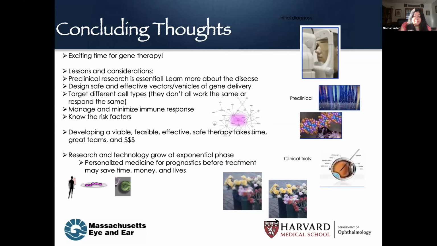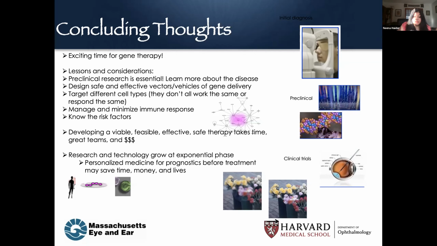That takes the bulk of the time for gene therapies to reach the clinic. It is the preclinical work that lays the foundation to understand more about the disease, to look at safety, efficacy, whether of the therapeutic target or of the vehicle of gene delivery, and the different cell types that they might impact and how that might affect disease outcome. And managing and minimizing immune response is not a trivial matter and is something that's important to consider.